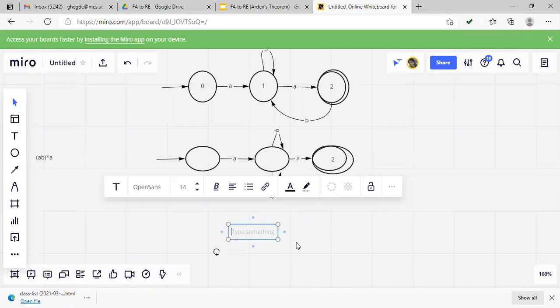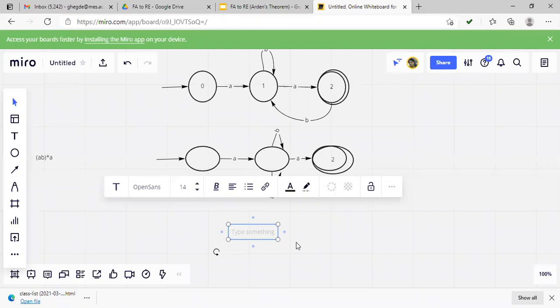Srishti says it is B star or AB whole star in between A. Any other answers? AB star A, or AB AB whole star A. Rishikesh. Okay, Srishti and Rishikesh, your answers are the same.